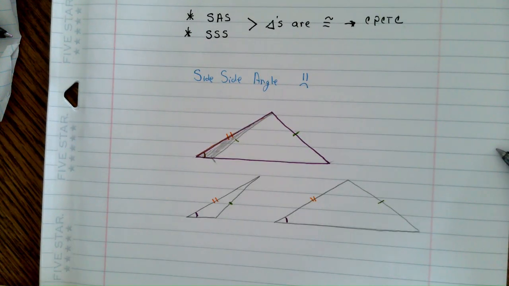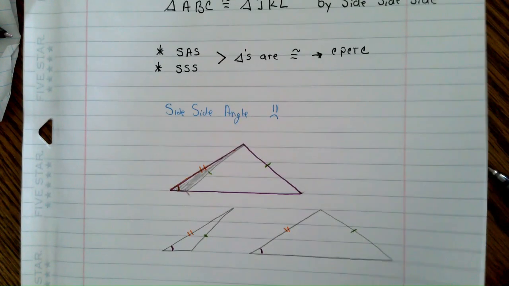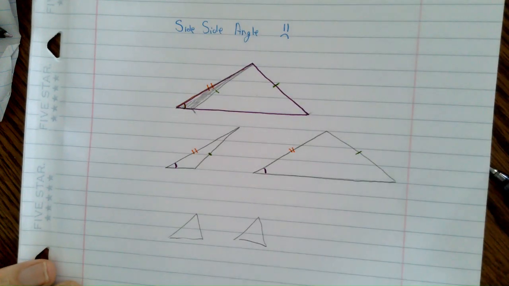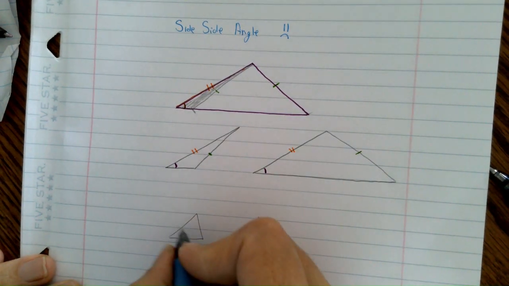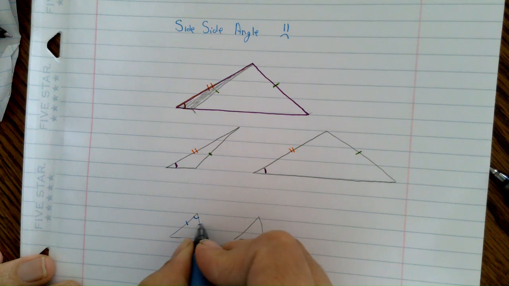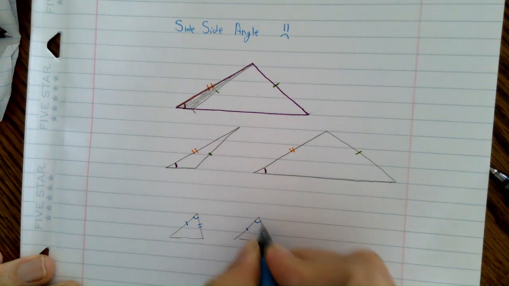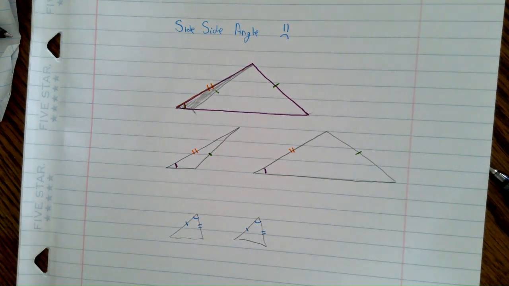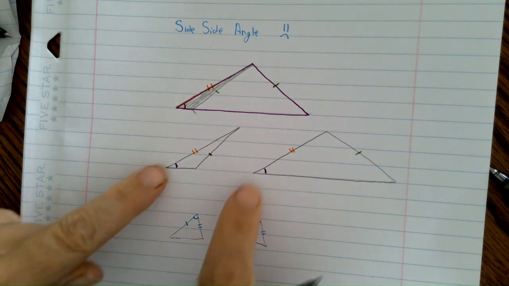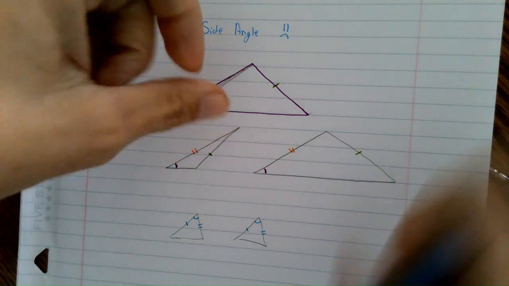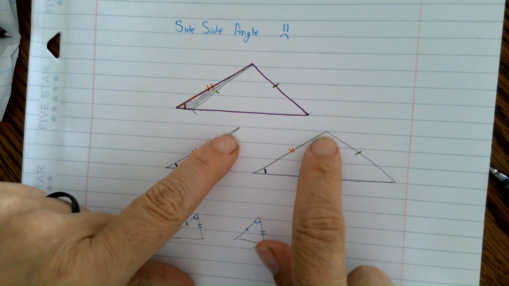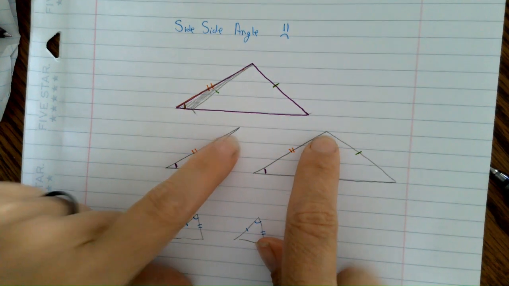So remember again, in side angle side, it was side, angle, side. That angle was in between the two marked. Here, in between the two marked would be up in this corner, and we can definitely tell that those are not the same size.